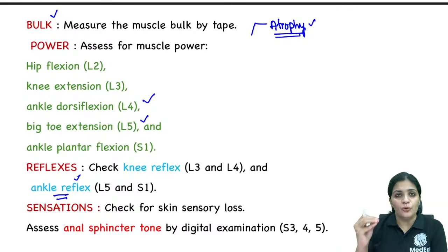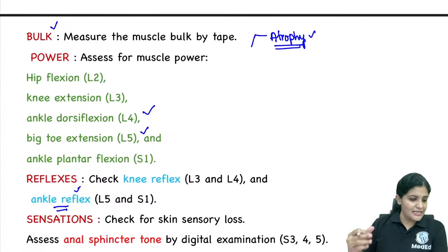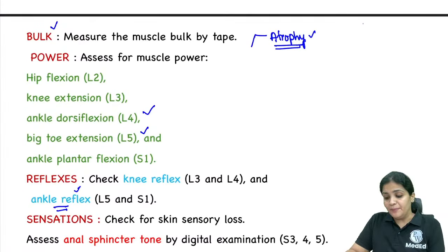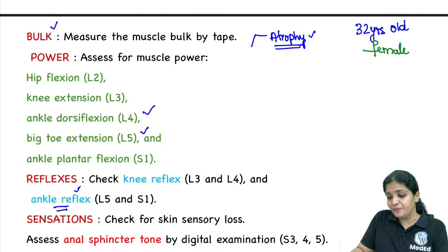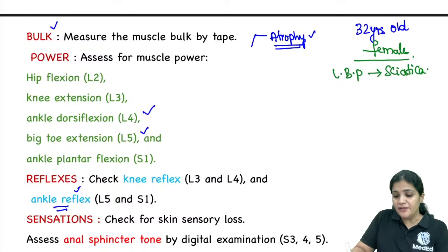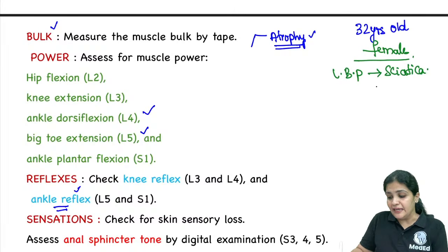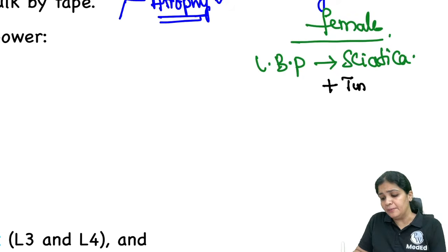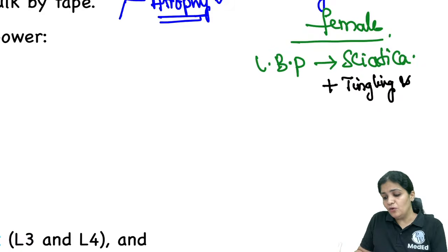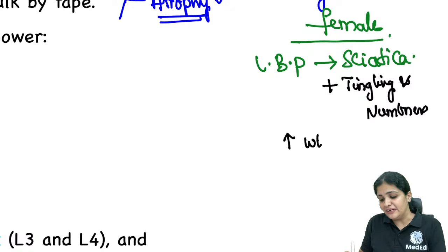Now let us assume there is one more interesting case where the patient is a 32-year-old female complaining of low back pain. There is sciatica, associated with tingling and numbness, and increased with weightlifting.